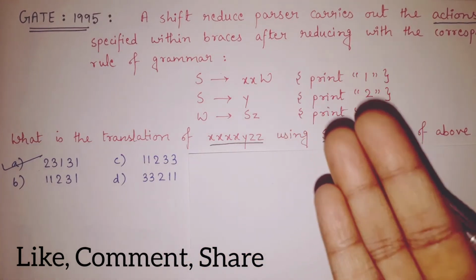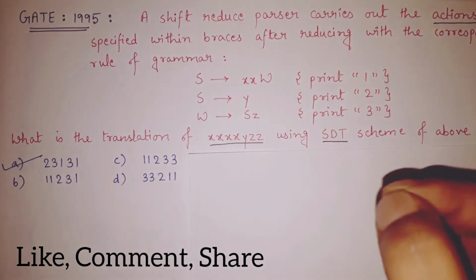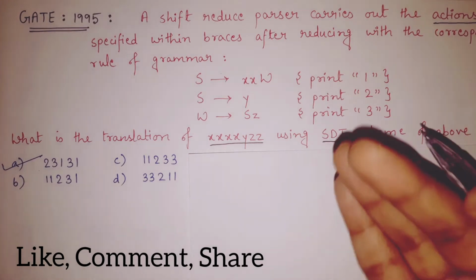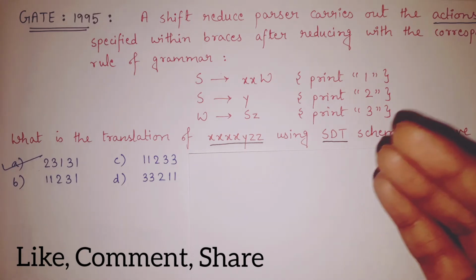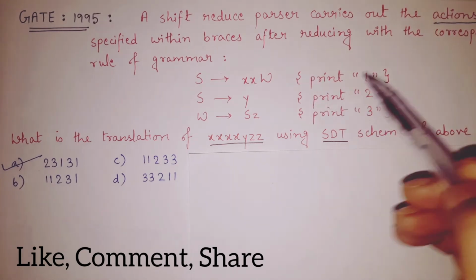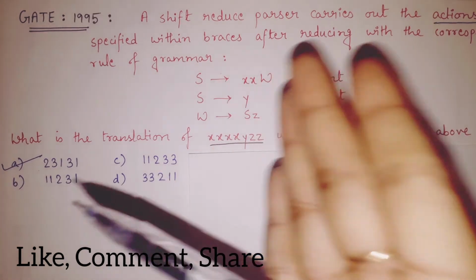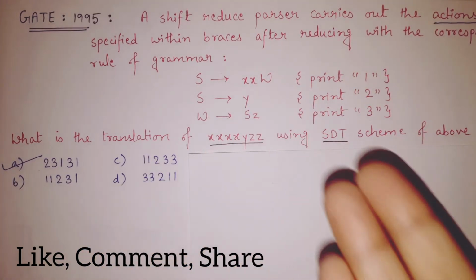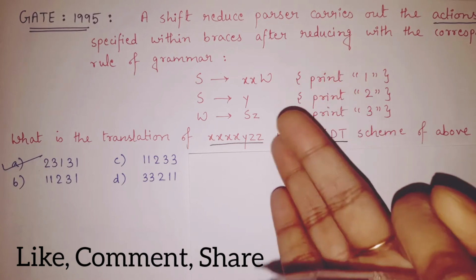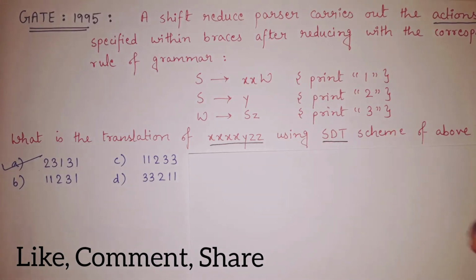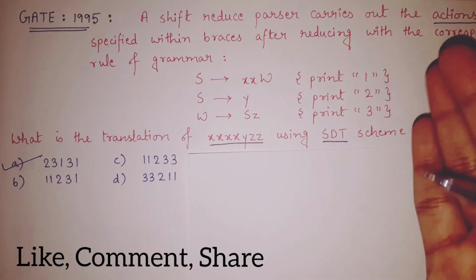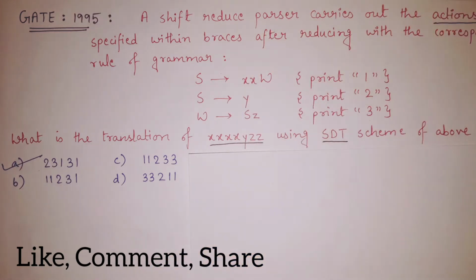And the third step is, while parsing the parse tree, whenever there is a reduction, you have to go to the production and carry out the corresponding action. So these are the three important steps that you must remember, or I would recommend that you note them down somewhere, and based on these three steps we will carry out the solution of this question.